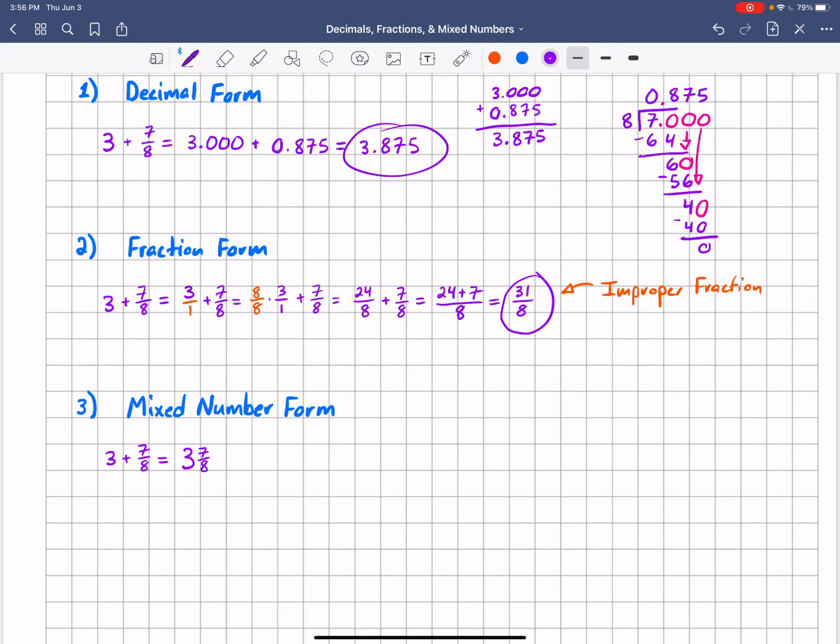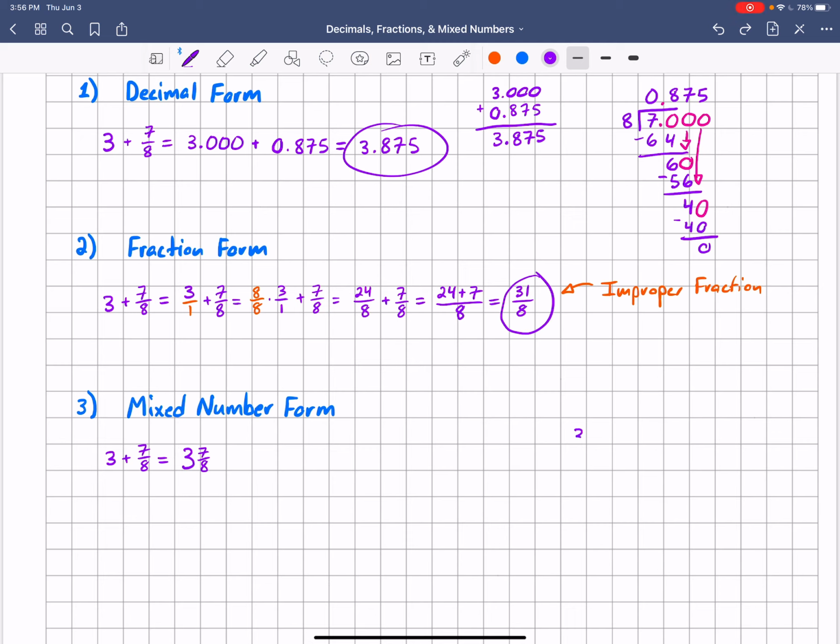So the most common way we do this is we're going to divide that fraction, and we're going to continue to divide until we have to add a decimal. Once we have to add a decimal, we stop dividing. So what we're going to do is take 31/8 and read it as 31 divided by 8.